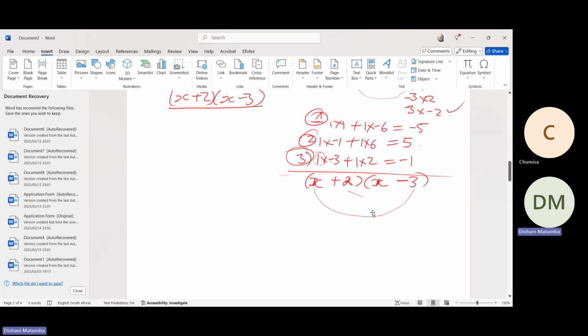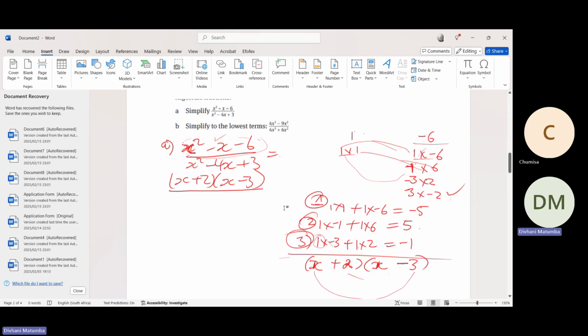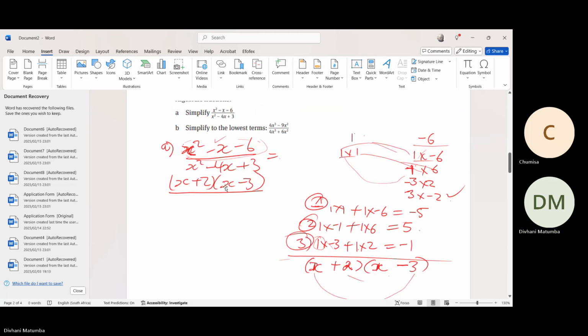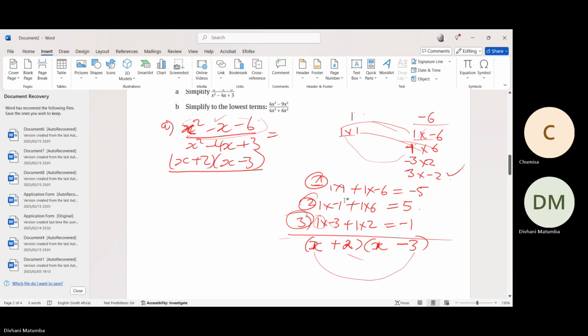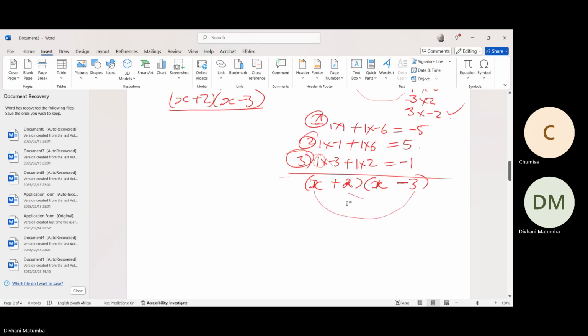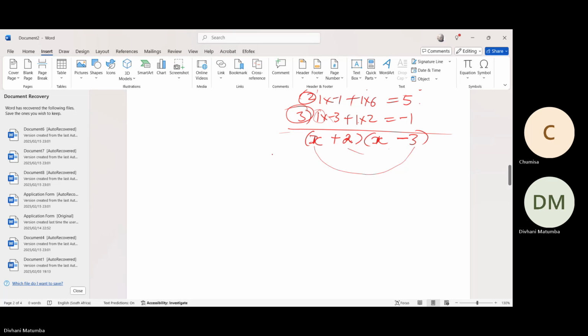What are we going to do now? Which factors should we consider? 1 and 3, sir. 1 and 3.